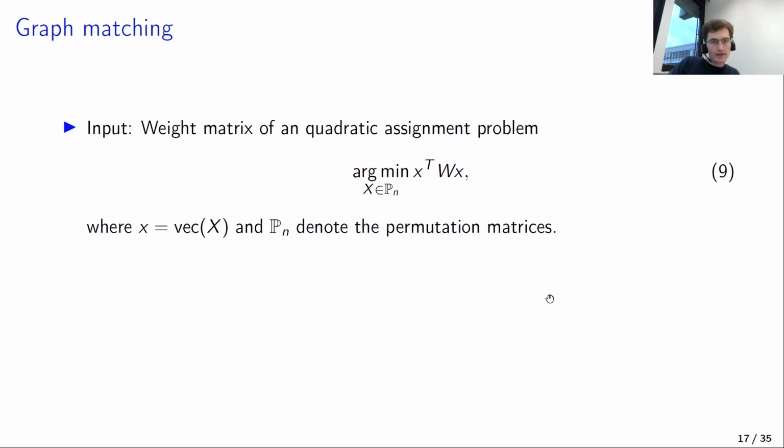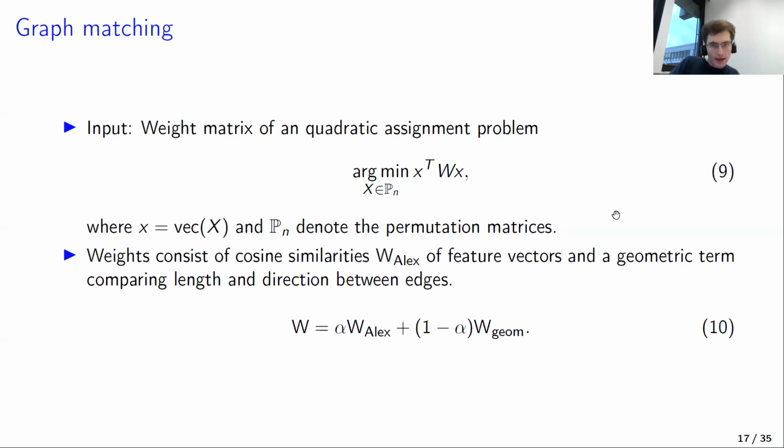You can formulate this as a quadratic assignment problem, where you have a quadratic optimization problem and you optimize over vectorized permutations. The weight matrix we chose was a linear combination of this W Alex, which is essentially a diagonal matrix that consists of the cosine similarity between feature vectors obtained with AlexNet, and a geometric W matrix.